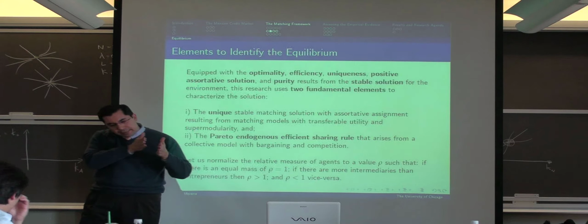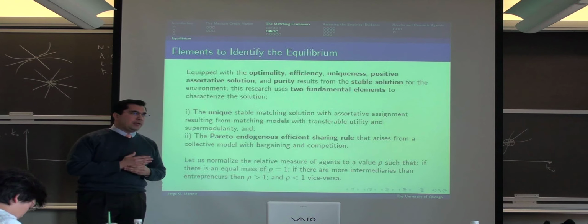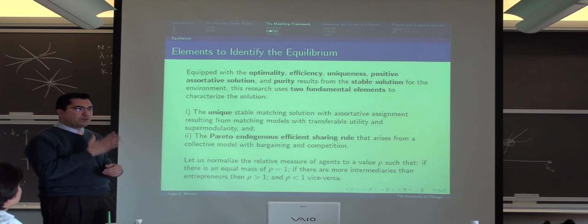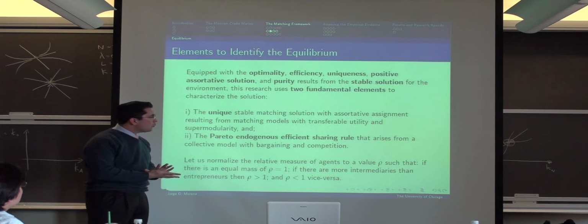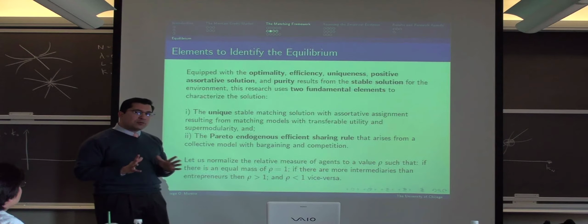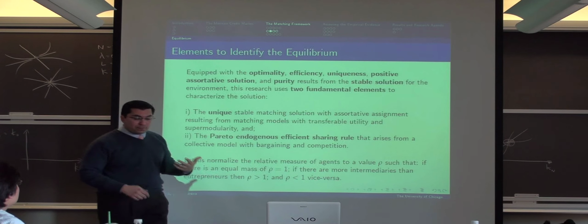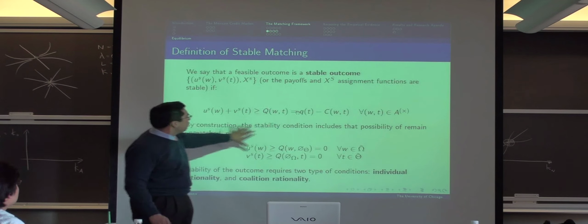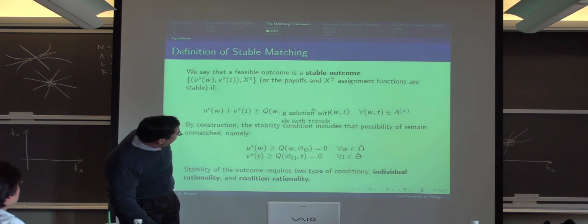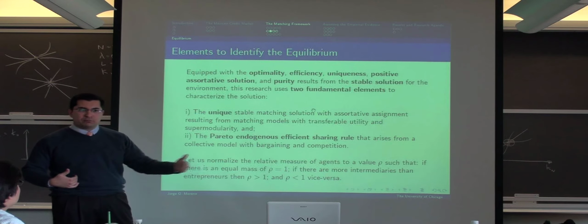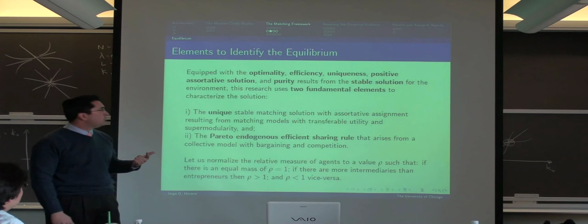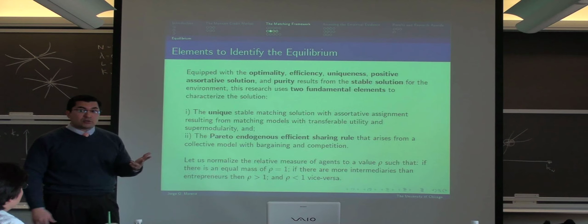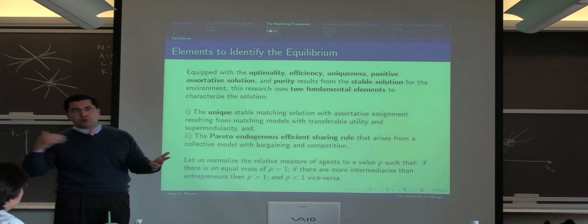There are a set of papers starting from Shapley and Shubik in 1974 for discrete types, and then continued more recently by Professor Chiappori, that show that under very elementary conditions, when we are just matching in one variable, we can prove that the equilibrium implied by the stable condition, which is an interest rate and allocation, is optimal, efficient, unique, positive assortative under the framework of marginal cost decreasing, and pure.